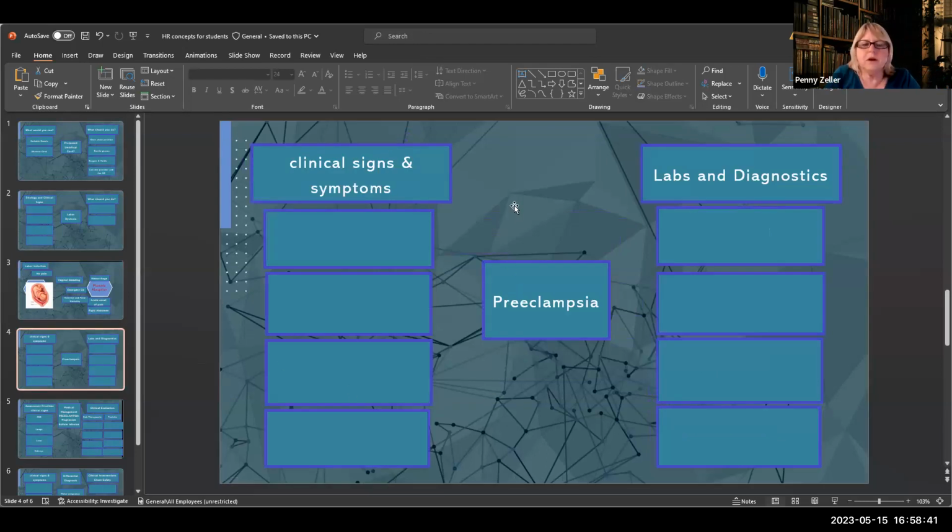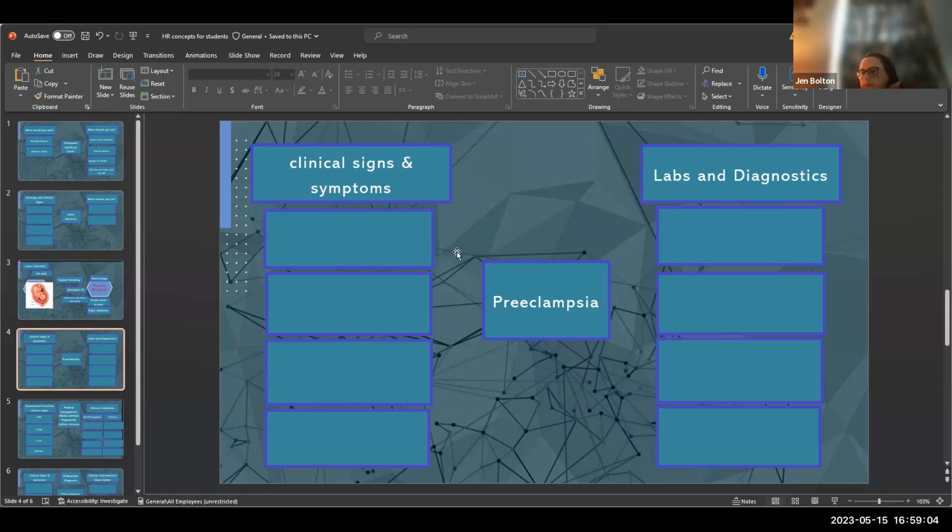Preeclampsia is another topic we talked about last week that we need to review again this week for your exam next week. Okay, so what's a very common client complaint if we're suspecting preeclampsia? Headache that won't go away with Tylenol.